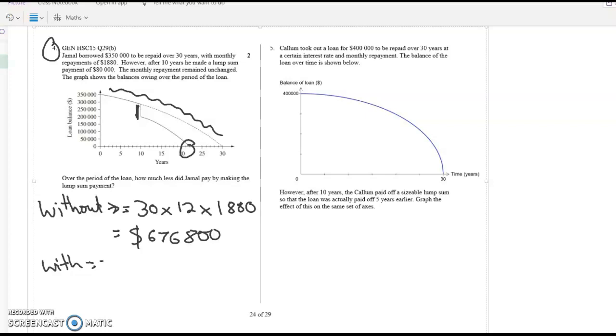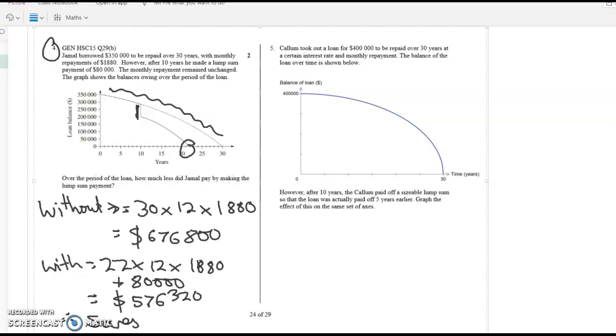So 22 times 12 times 1880, plus the lump sum he paid, 80,000, and that is equal to 576,320. And so therefore he saves 100,480.